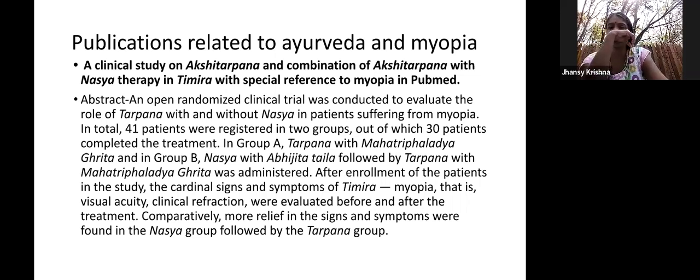Publications related to this treatment of myopia in Ayurveda include a study where two groups are taken, and one group is given Akshitarpana, other group is given Akshitarpana plus Nasya. Those who are given Akshitarpana plus Nasya got a good symptomatic relief, more than only with Akshitarpana.